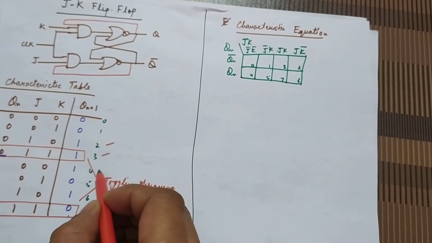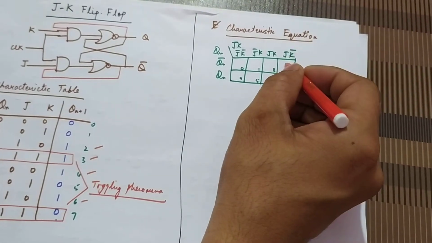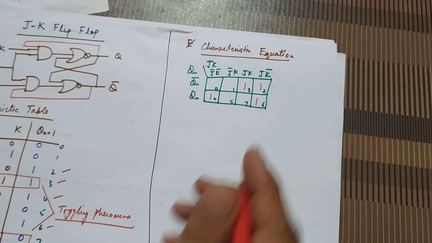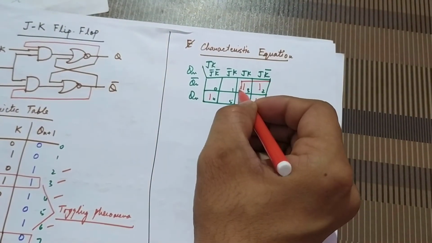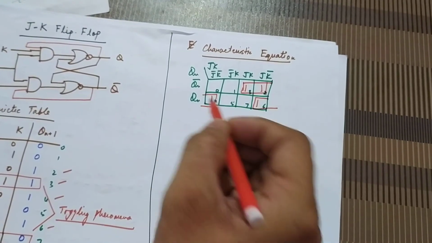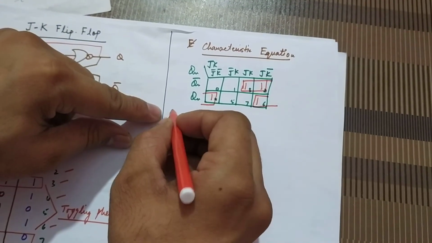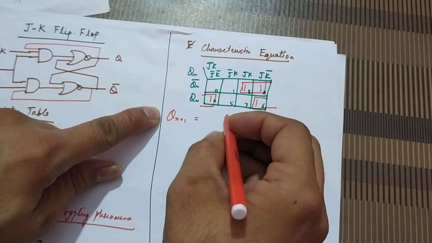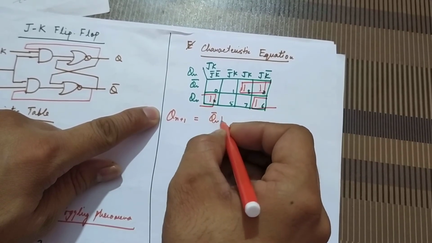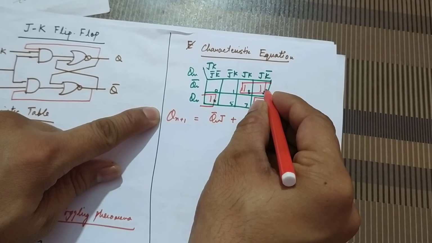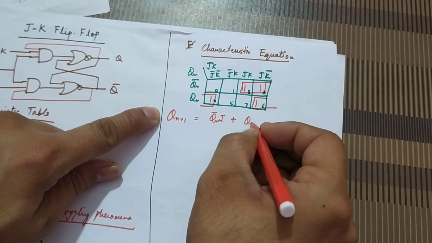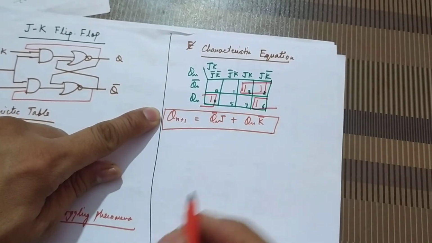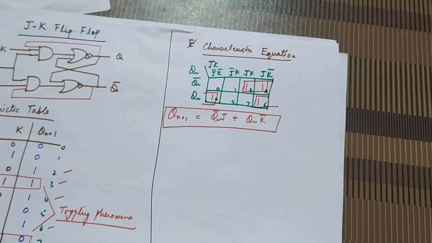Okay, 2, 3, 4 and 6. So we will have this pair and this pair. So Qn plus 1, that is the next state output, will be Qn bar J for this pair, and for this pair we will have Qn K bar. This is the characteristic equation for the JK flip-flop.